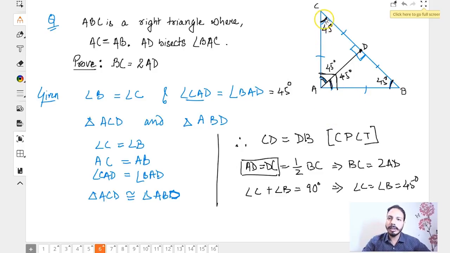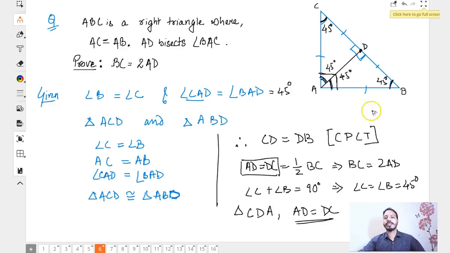So now you see this is 45, this is 45. So I can say that in this triangle DC is equal to DA. Simple, right? So I can say that in triangle CDA, AD is equal to DC, right?